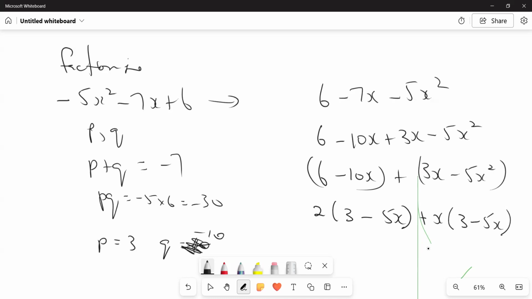See what I'm saying? No complication here. So we have 3 minus 5x times 2 plus x. This person who wrote this green line here, they need to erase it. I can't erase it. So you see how we could have avoided that thing just now?